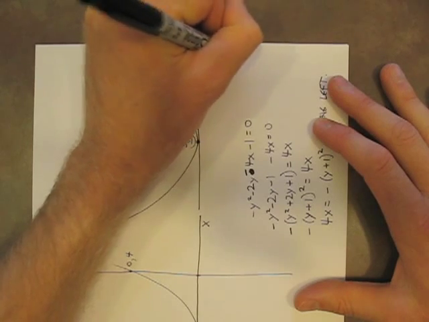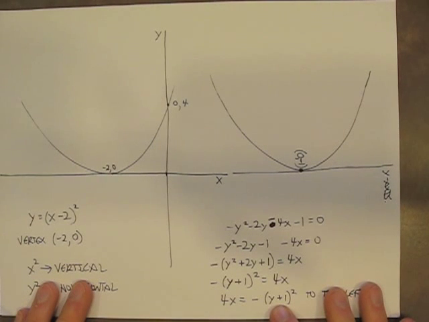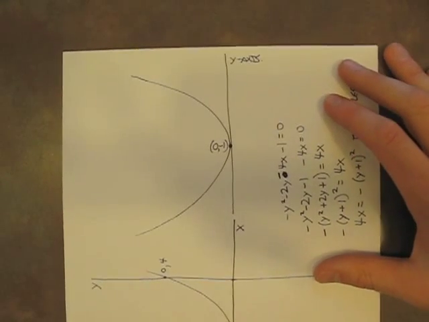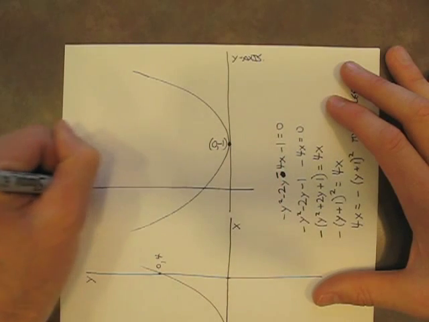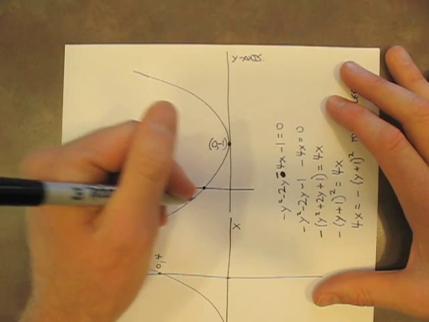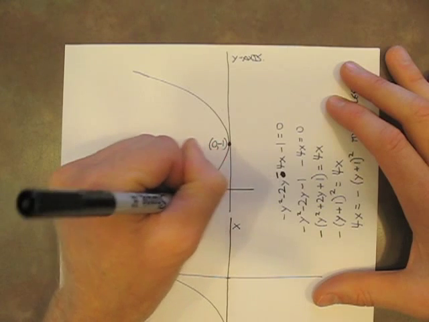And if I plug in 0 for y, I'm going to get 1 squared is 1, negative 1, so 4x equals negative 1, so x equals negative 1/4, so it's going to be somewhere down here. This is going to be the point 0, negative 1/4.